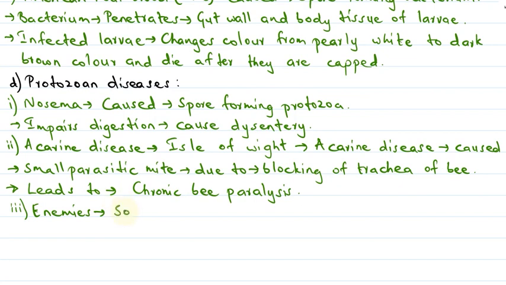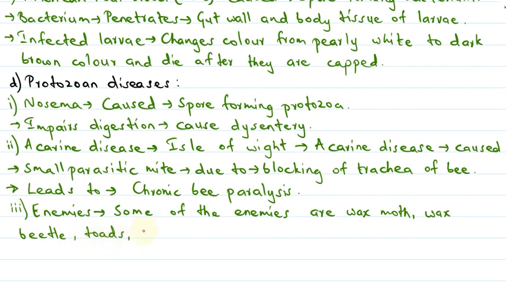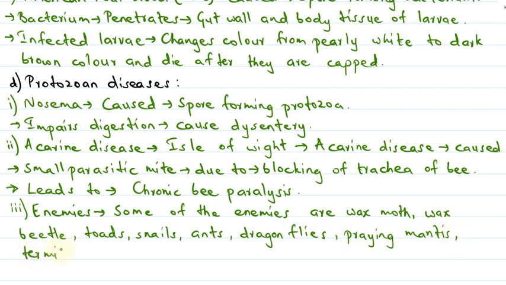Some of the enemies are wax moth, wax beetle, then toads, snails, ants, dragonflies, then praying mantis, then termites, etc. They are the enemies of the honeybees.